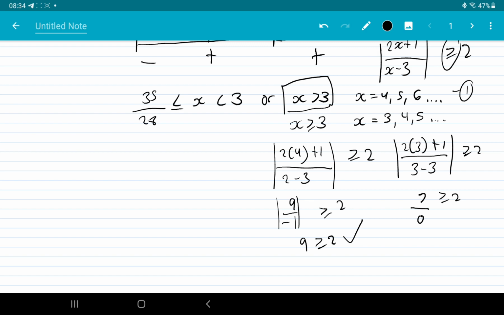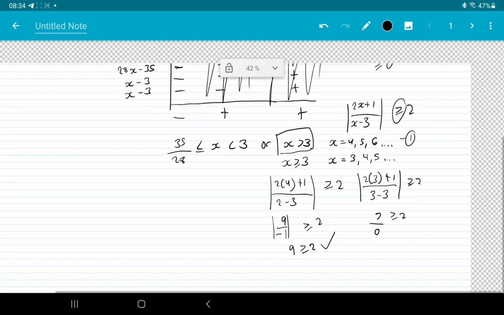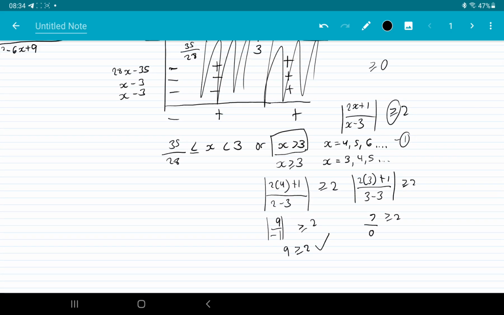Remember, 7 divided by 0 is undefined. We can't create a real number for it, and it doesn't resemble anything. It's just undefined. Some people told me that 7 divided by 0 should be infinity. Alright then. But still, it is undefined because you can't divide something when there's nothing there.